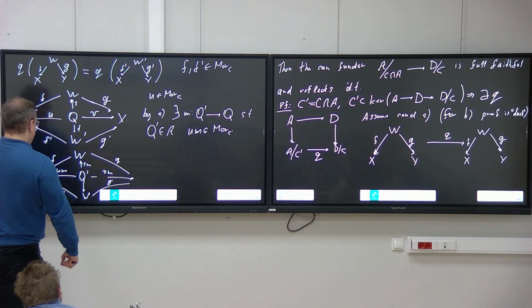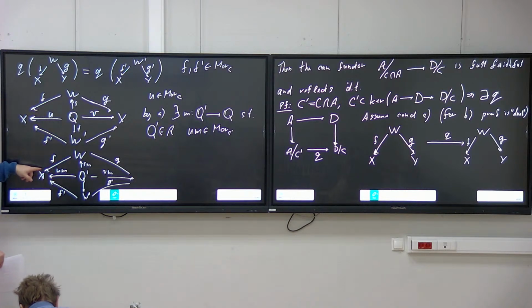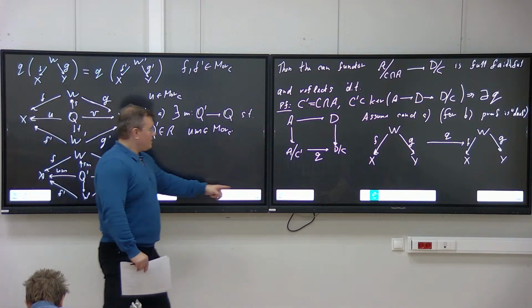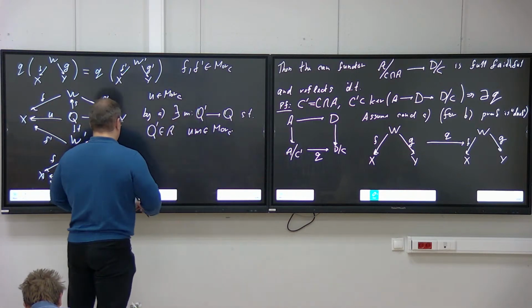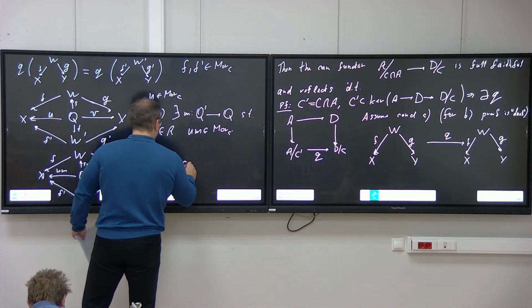So now this is again a diagram that represents the equivalence of two roofs. But now, since the vertex is in the A, this diagram makes sense in this category. So by looking at this, we can say that Q is faithful.